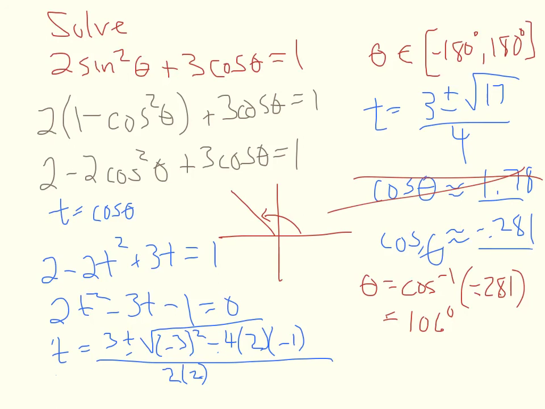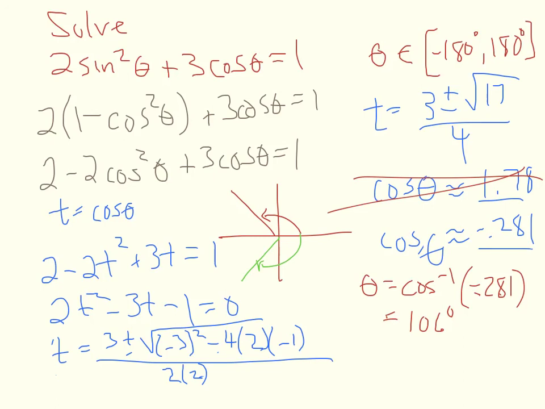If we then find other angles that have that negative cosine, we're going to be looking at that angle. That angle has the same cosine value. It's in the third quadrant though. So we need to think about the reference angle. What is the reference angle for 106 degrees?